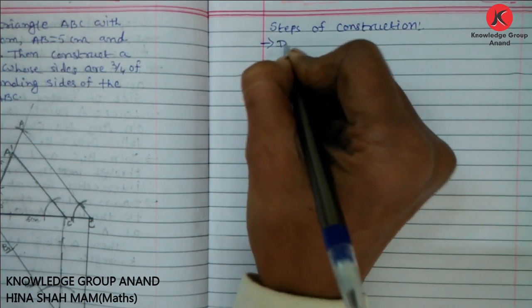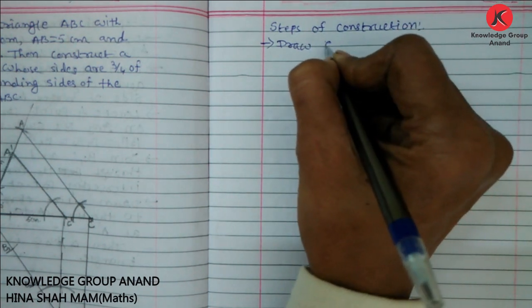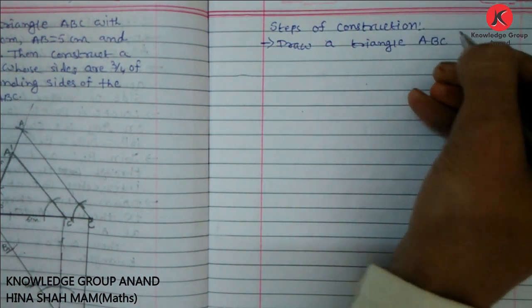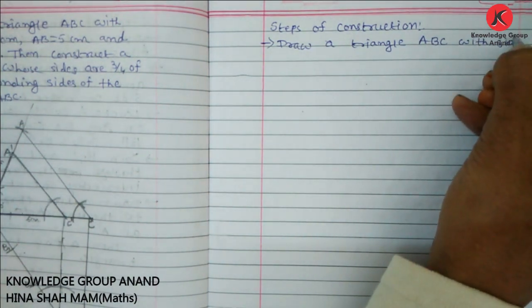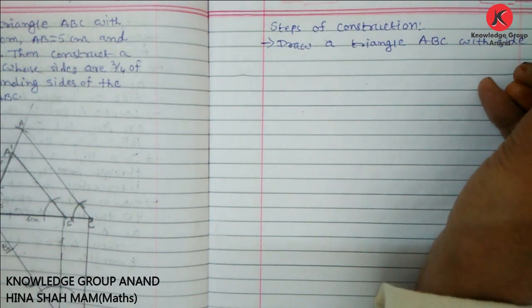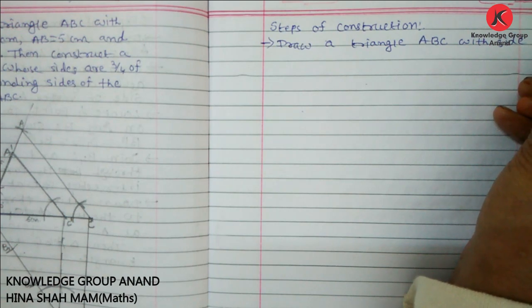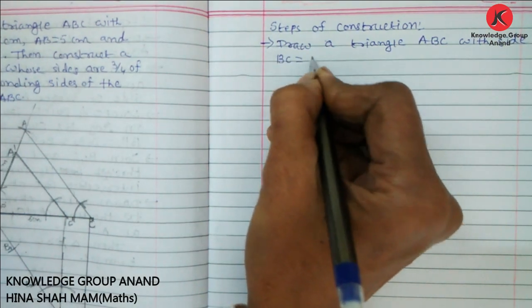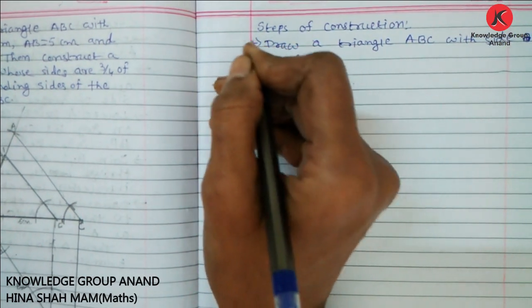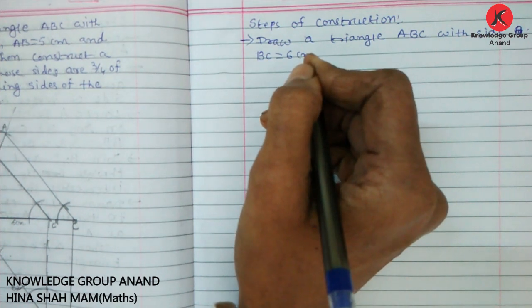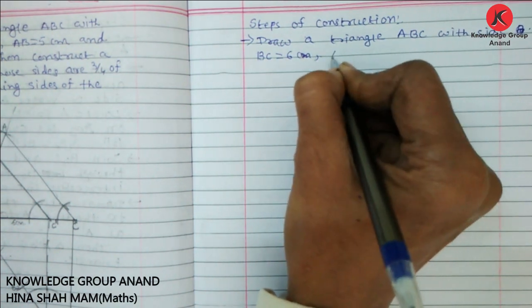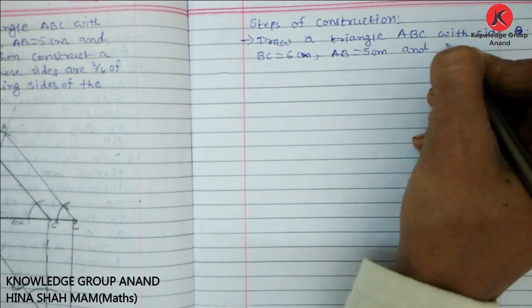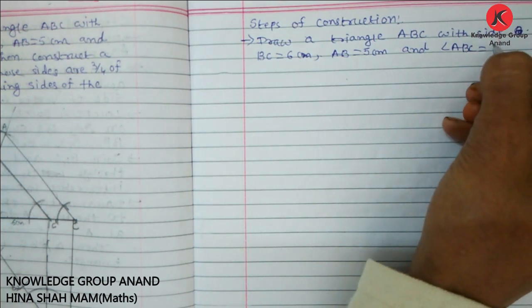First we draw triangle ABC with side BC equal to 6 centimeter, AB equal to 5 centimeter and angle ABC equal to 60 degree.